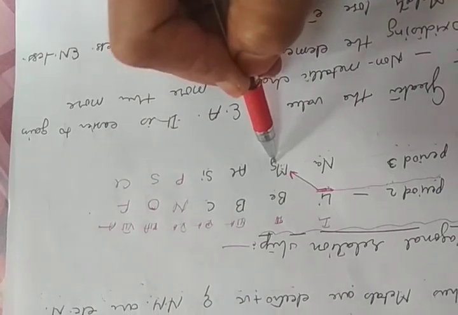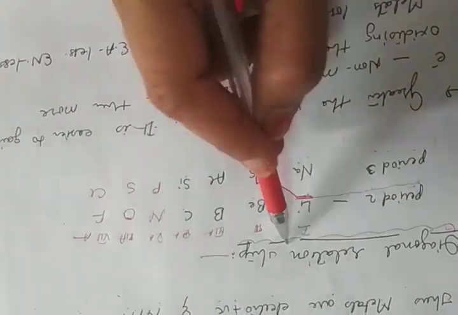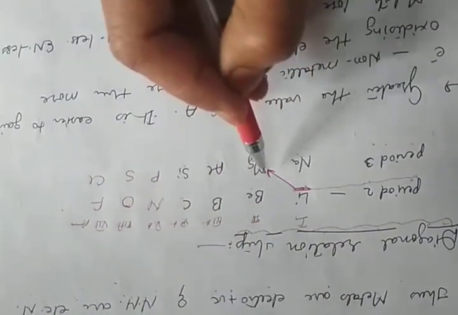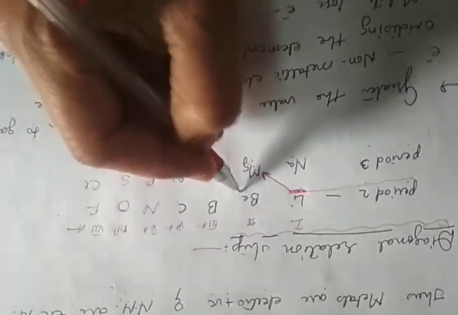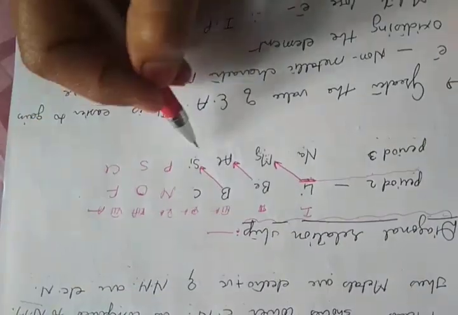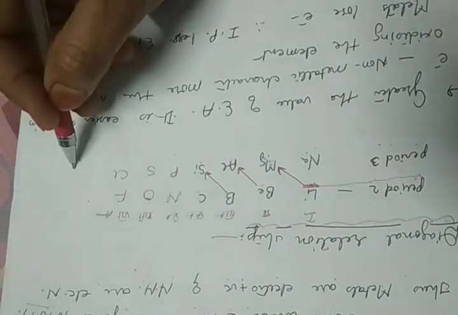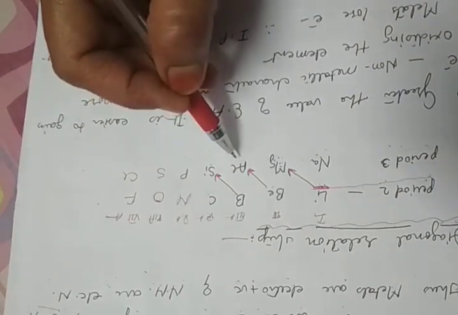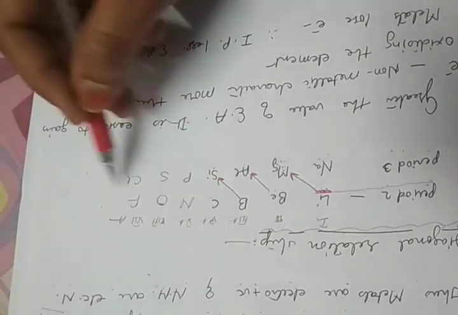This relationship is called a diagonal relationship. So lithium has some similar properties with magnesium, beryllium has some similar properties with aluminium, boron has some similar properties with silicon and so on. So we can say that there is a diagonal pair of lithium and magnesium, beryllium and aluminium, boron and silicon and so on.